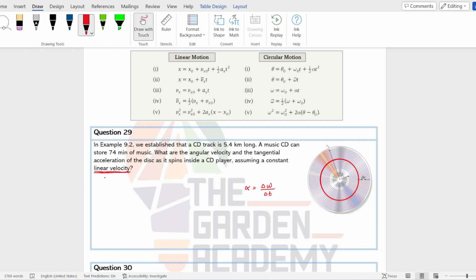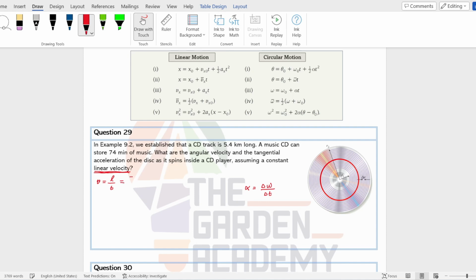First of all, let's start by finding the linear velocity and we will see why in a moment. V is equal to, الآن, what is V? It's always equal to distance divided by time. So I'll write it as distance divided by time. لكن the distance here is basically the length of the track. So instead of writing D, I will write L. And we already found L to be around 5.4 kilometers in the previous part.